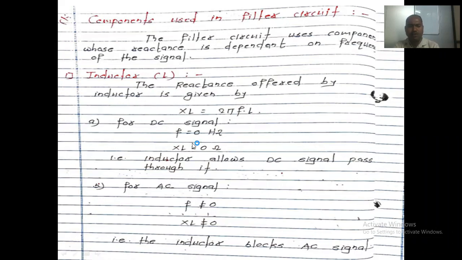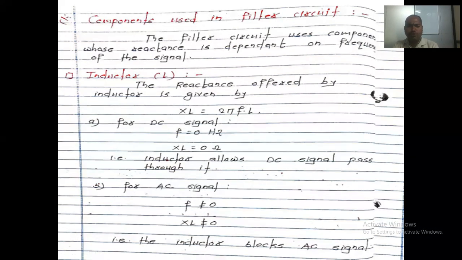Okay, now we have seen the same thing for DC, so let's see the AC signal. The frequency of AC is either 50 hertz, or in America 60 hertz. So the frequency of AC is not zero, it is more than zero.